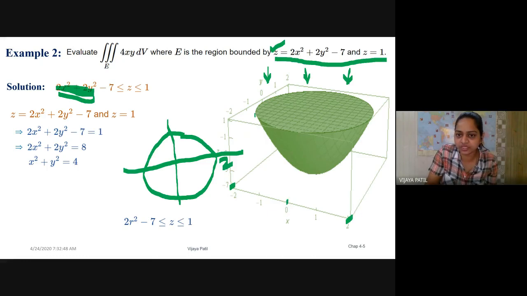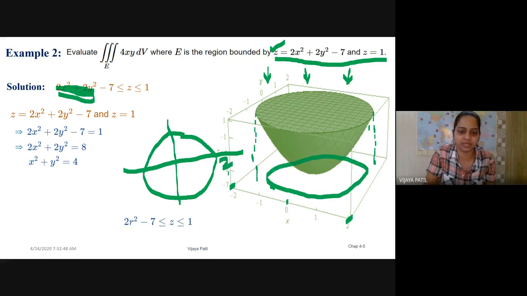And if you put the projection from each and every point of this paraboloid, you are going to get one circle over here in the xy plane. So this is of 2 units and it is an entire circle. So r will move from 0 to 2, because each and every point is on this circle.